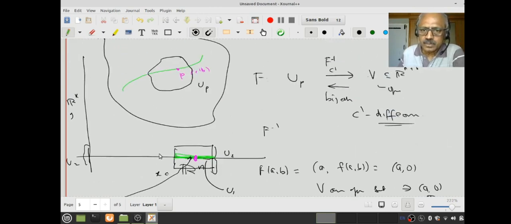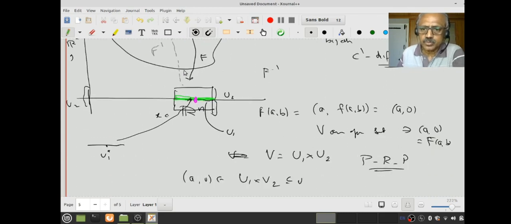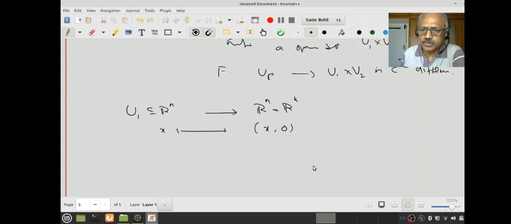Now remember, my F is the C1 diffeomorphism from this UP onto U1 cross U2. In particular, F inverse is a diffeomorphism of U1 cross U2 onto UP. Therefore, I follow this up.